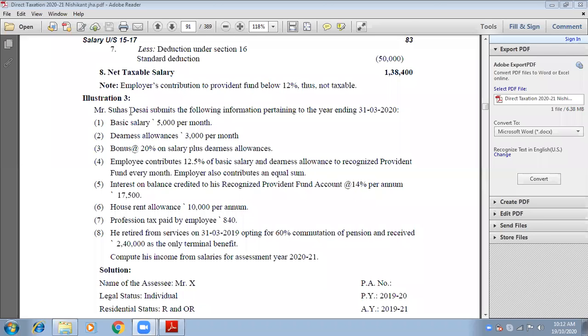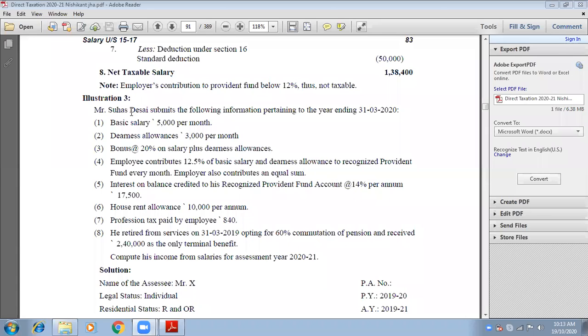Okay. Write down. There should be 3 columns: particulars, inner column, and outer column. Let us start with basic salary. Write down basic salary.